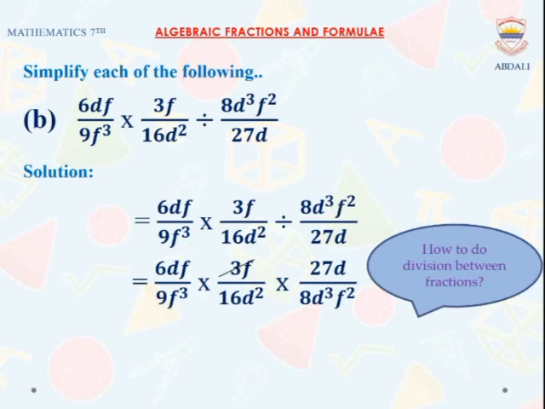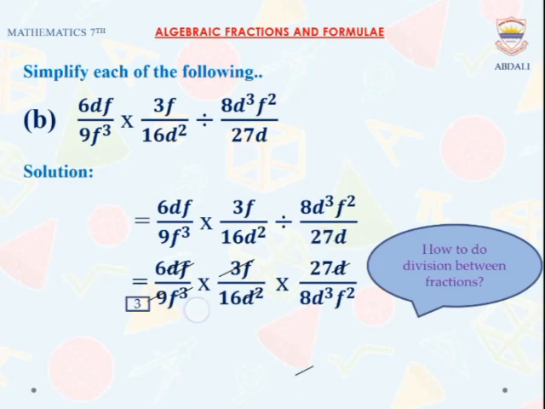So 3 will be cut with 9, as 3 ones are 3 and 3 threes are 9. And at the same time, both d's of the numerator will be cut with d square of the denominator, and both f's of the numerator will be cut with f square in the denominator.